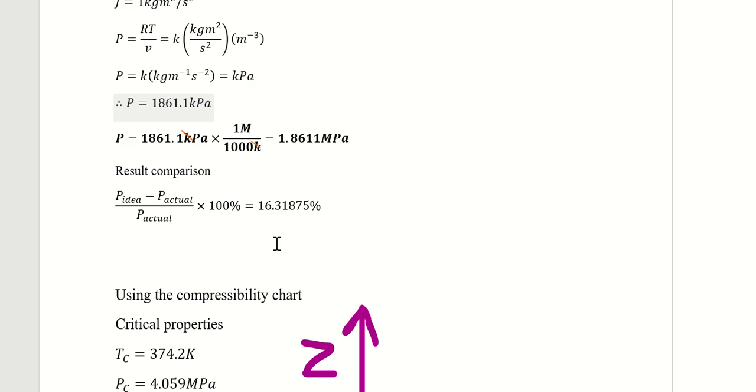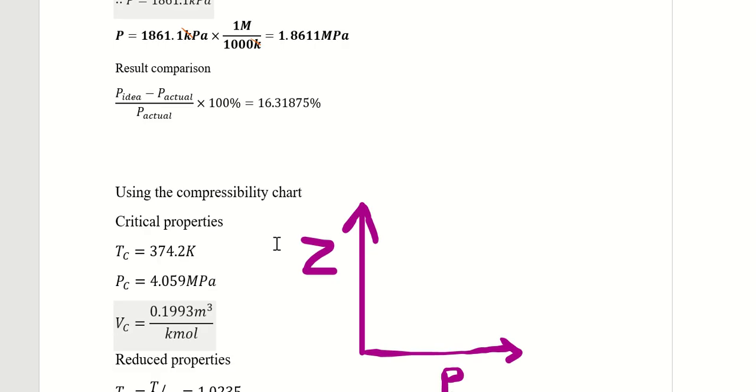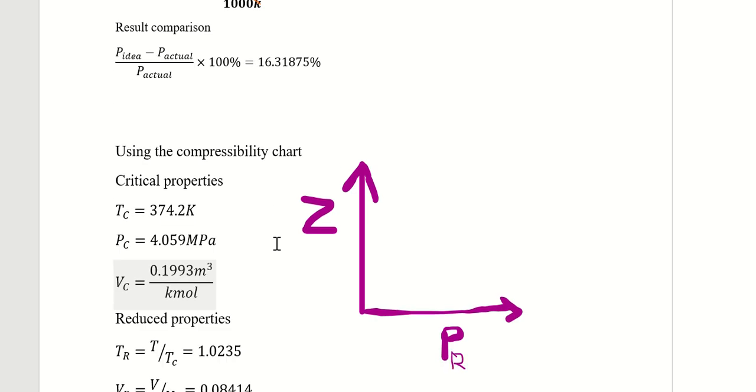And this is crazy. We have been told to use the compressibility chart to find the pressure. And yet, to use the compressibility chart, you must have pressure. So that's quite absurd.